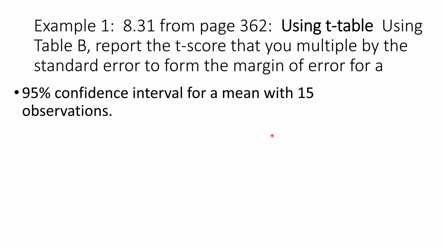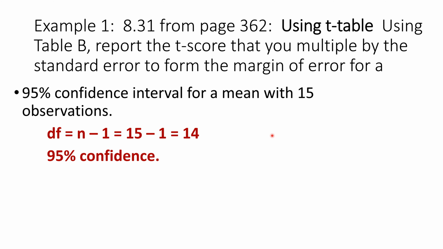Now we are looking for the 95% confidence interval for a mean with 15 observations. The degrees of freedom will increase, calculated as 15 minus 1, and we are still looking for the 95% confidence interval.